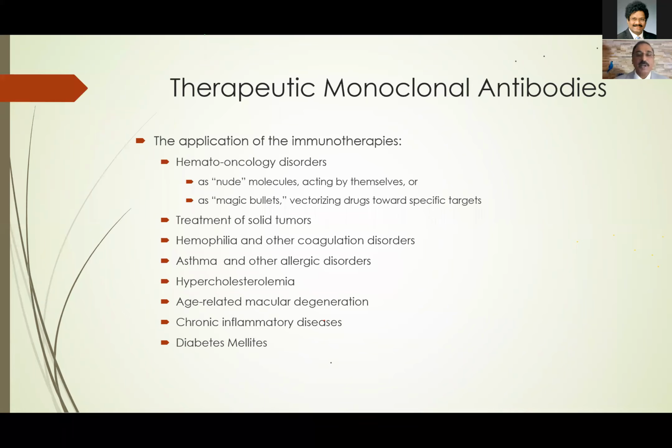And then the magic bullets, which we talk about, where the drugs are vectorized. That means it takes a drug on the Fab portion and the Fc portion goes and attaches to the specific receptors. Or you can attach the drug to the Fc portion and send it with antibodies specific to the tumor antigens. This is where the tumor antigens are very useful for us.